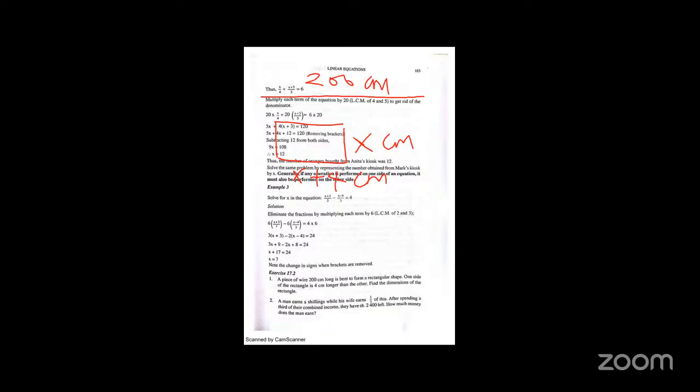So therefore, the perimeter of a rectangle is given by 2 times the length plus the width. The length we have here is x plus 4. The width we have here is x, and then the perimeter is 200. So the equation that we need here is 200 centimeters equals 2 into the length, which is x plus 4, plus the width, which is x.